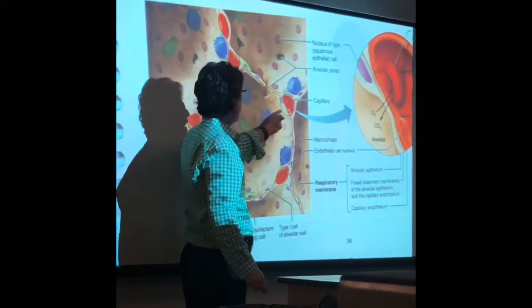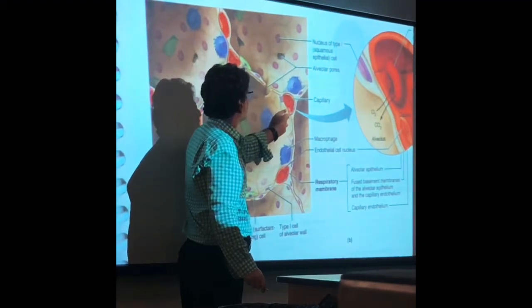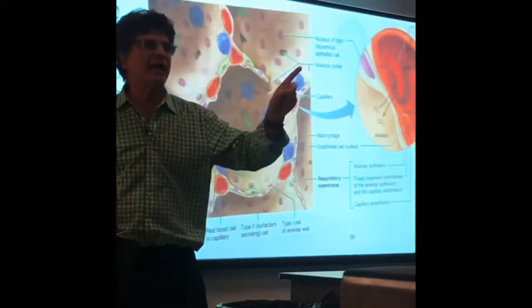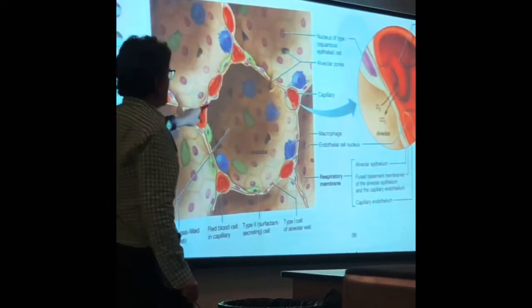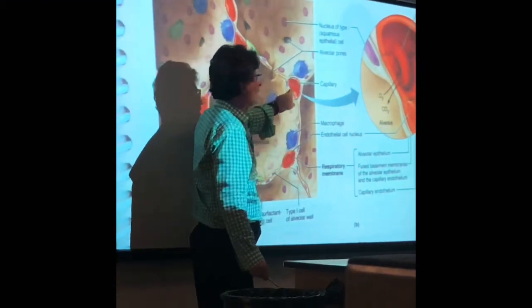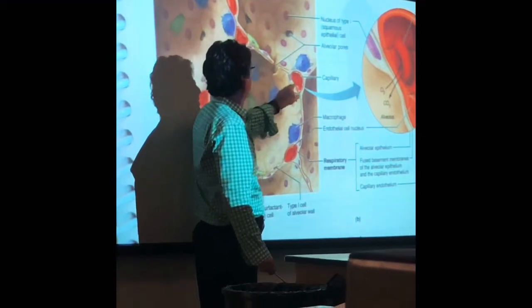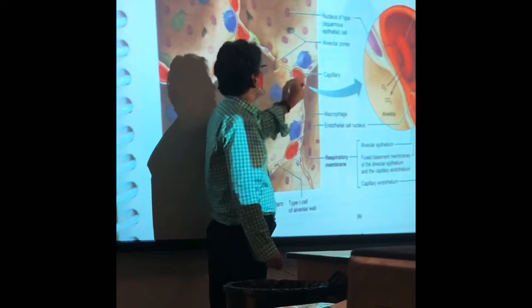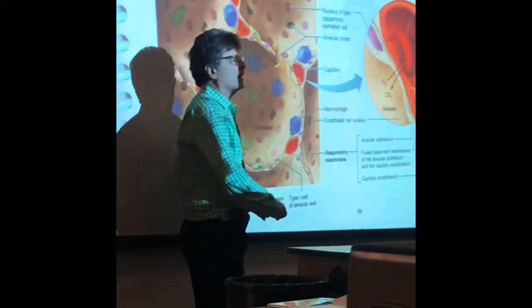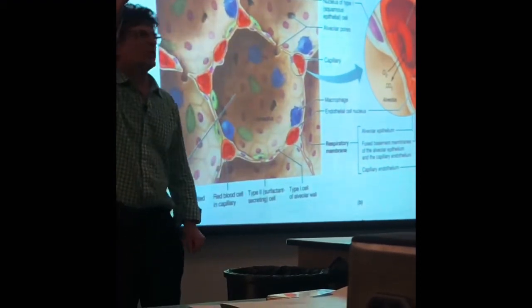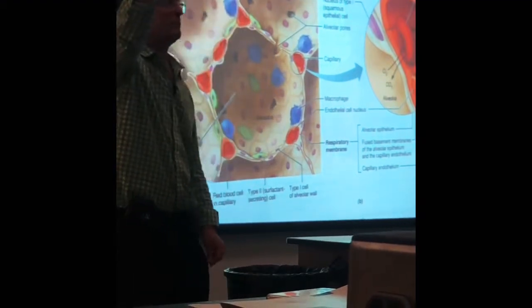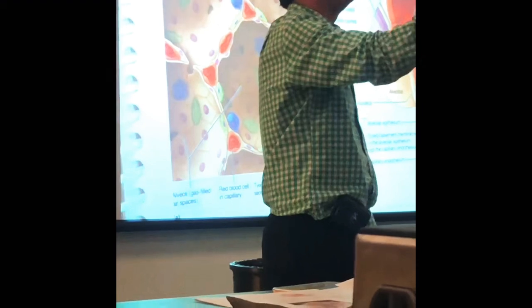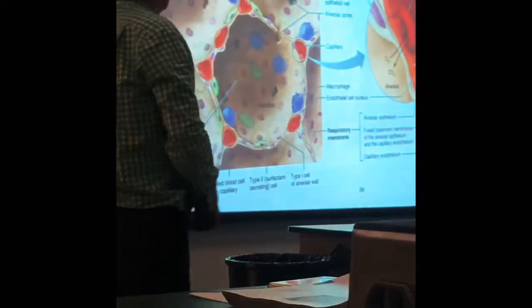And they do that by diffusing through squamous epithelium. They share the basement membrane with the squamous epithelium of the capillary. So it makes it very easy. Oxygen goes in, carbon dioxide comes out. The partial pressure of carbon dioxide in the atmosphere was 0.04, way less.